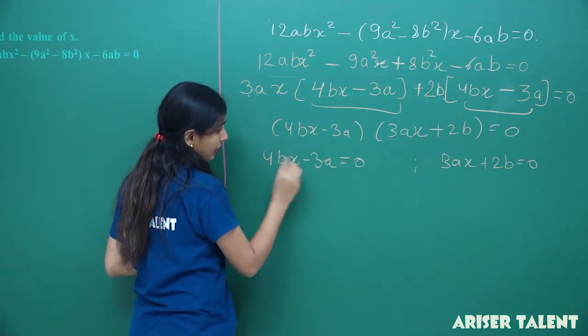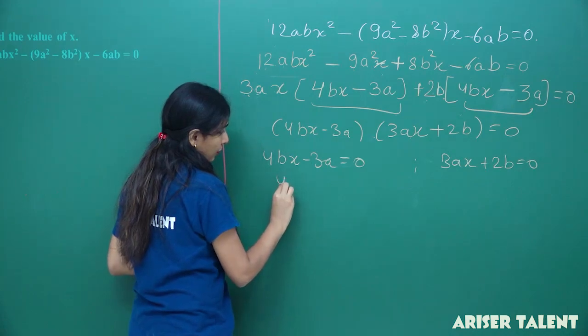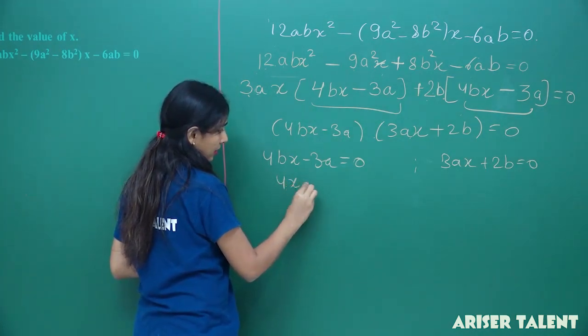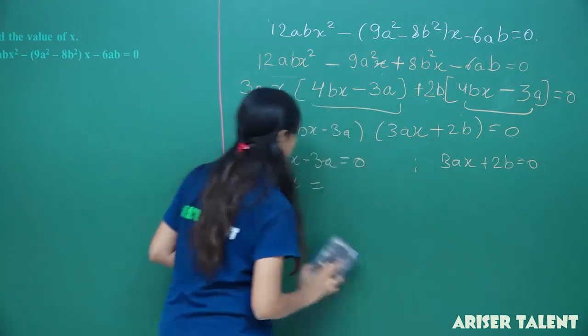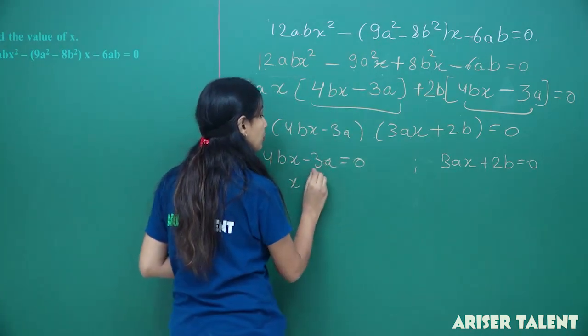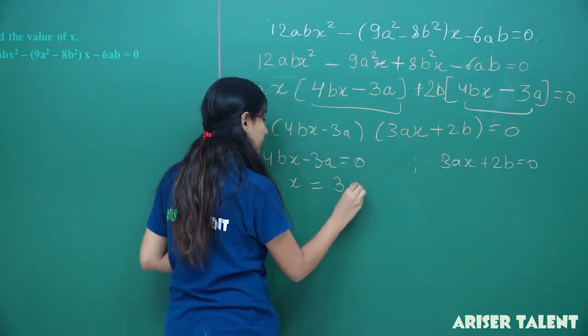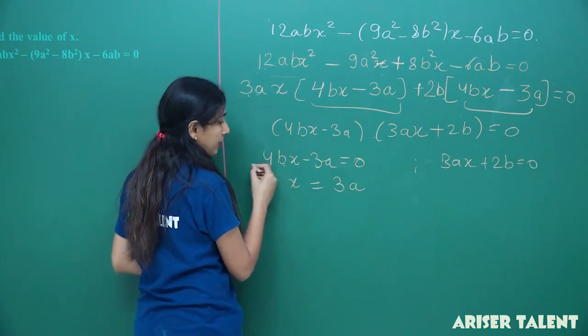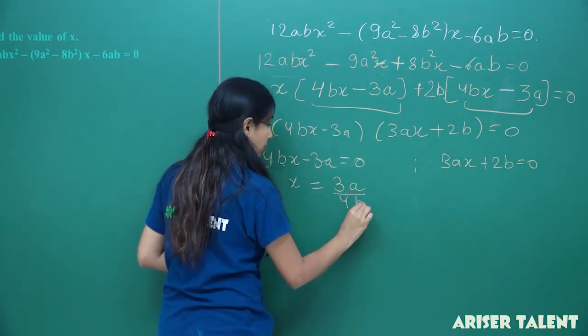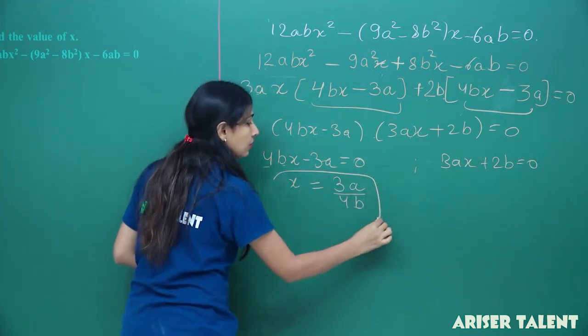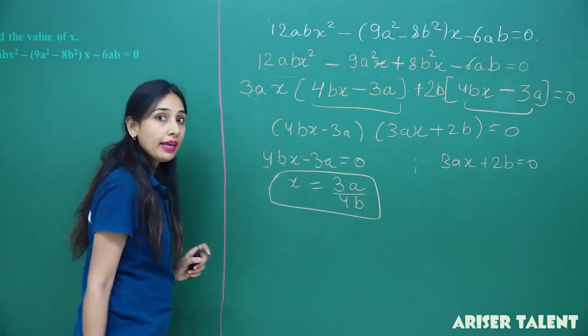It will be 4bx, or I can write only x. Okay, so I will transpose this 3a here, so 3a here and this b and 4 there. So that will be x equals 3 by 4 a by b.